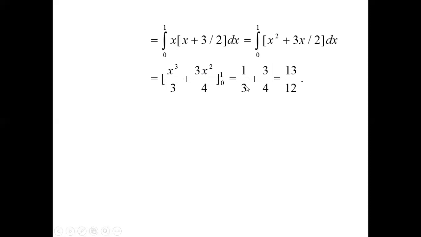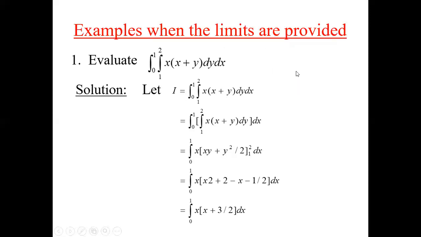Then we get 1 by 3 plus 3 by 4. Again take the LCM: this becomes 4 and this becomes 9. 9 plus 4 is 13 and 3 into 4 is 12. So 13 upon 12 is the value of the double integral from 0 to 1, 1 to 2, x into (x plus y) dy dx.